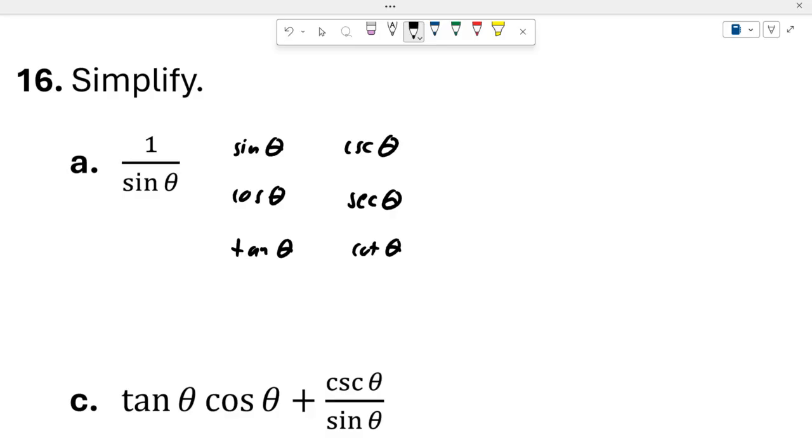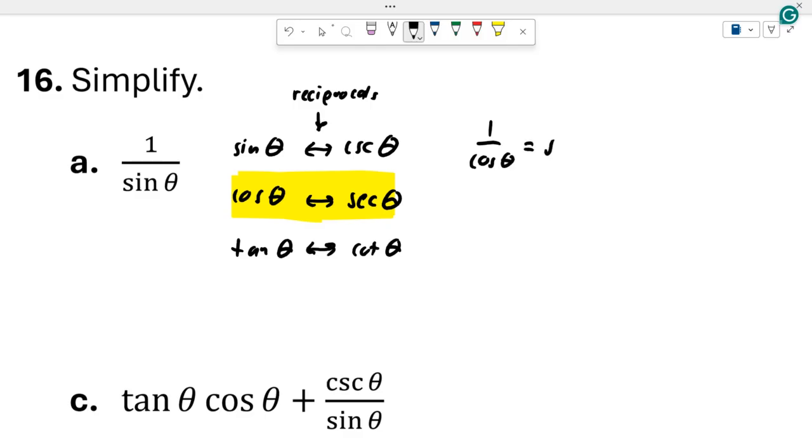And I like writing them like this because if you write them like this, these are the trig functions that are reciprocals of each other. So let's say we're talking about this middle line here. It's saying that 1 over cosine is secant, and 1 over secant is cosine.